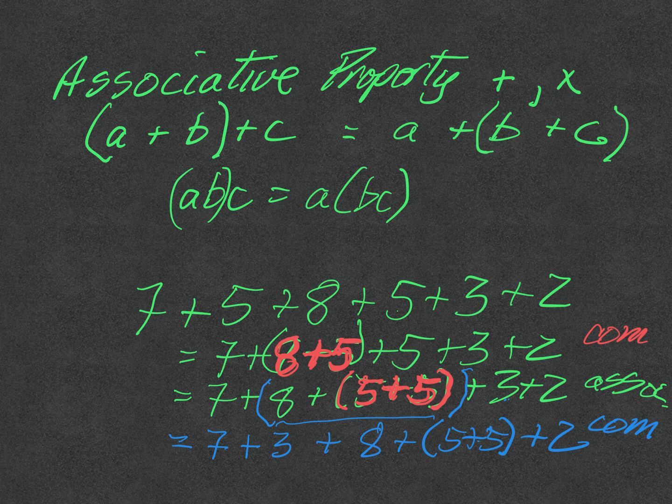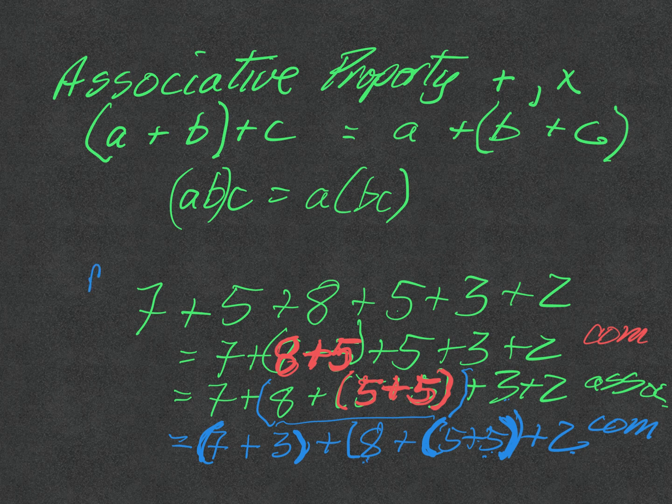But instead of having the 8 and the 5 plus 5 grouped together, I really want the 3 and the 7 grouped together. And so I'm going to switch the grouping, all right? Add the 7 and the 3. Now I have this 5 and 5 I'm adding, the 7 and the 3. And now basically I want to swap the 2 with the 5 plus 5, and so it's with the 8.